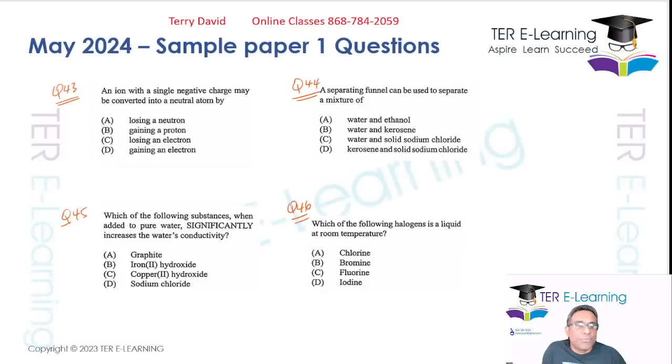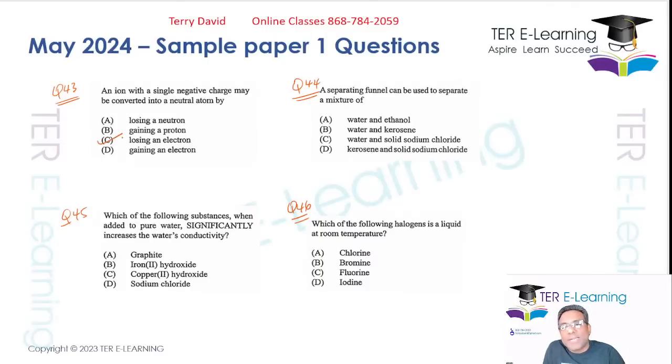What's the answer for 43? Right? People are saying the answer is C. Yeah, that's sounding incorrect to me, right?